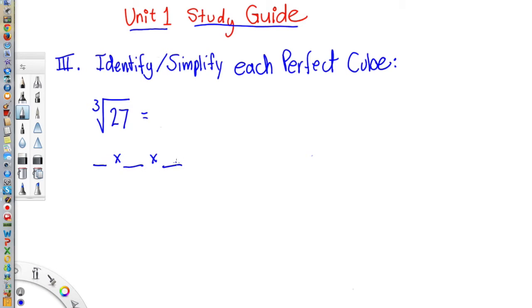And each of these numbers, each of these factors have to be identical. And sure enough, if we were to put 1 in here, 1 times 1 times 1 would be 1, that's not it. 2 times 2 times 2, that's 8. But 3 times 3 is 9, times 3 again is 27. So the answer is 3. The cube root of 27 is 3.